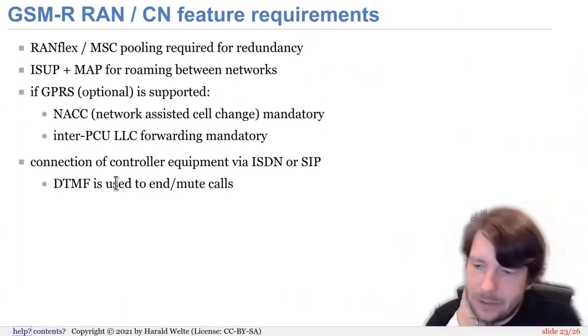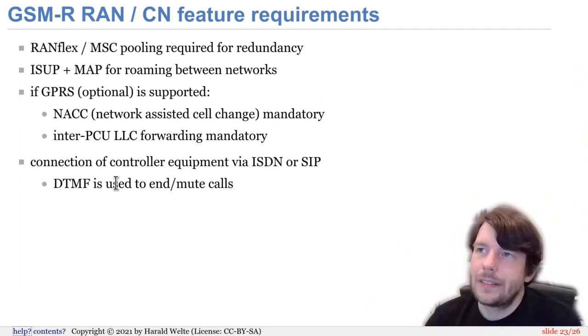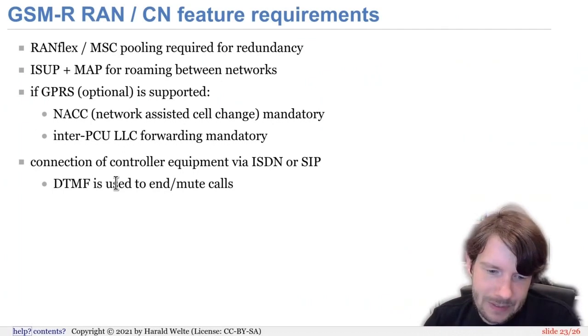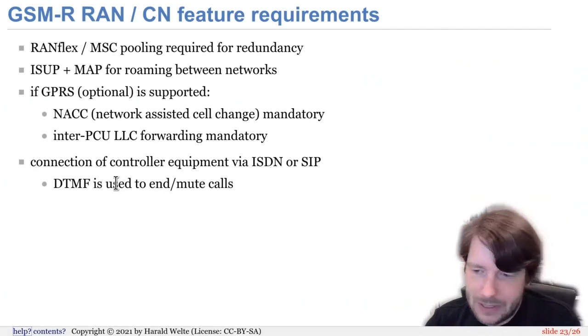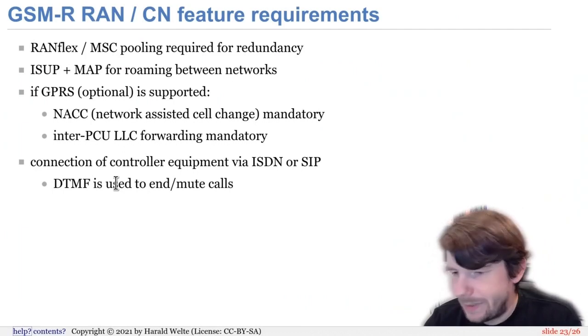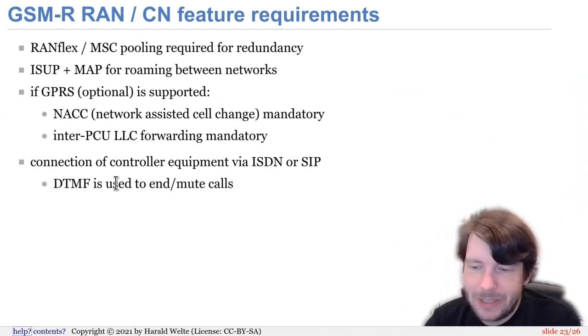The interface between the ETCS RBC, so whatever is the software that takes care of all the signaling with the train engines, to GSM-R is specified as an E1-based interface until today, even in the latest specs.